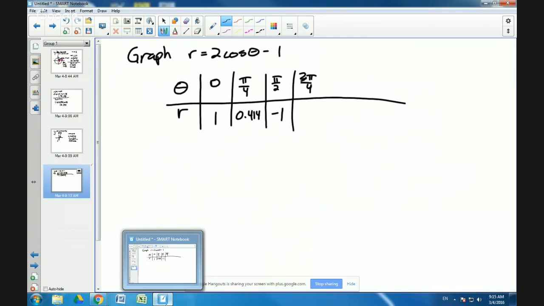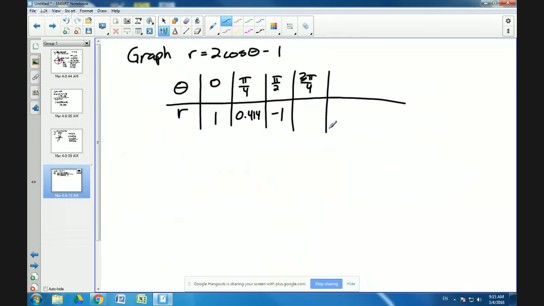You don't need to. This is usually about as minimal as you need to get. Okay, what's 3 pi over 4? Negative root 2 over 2, so negative root 2 minus 1, negative 2.414. It's really handy to know the decimal of root 2, 1.414 in this case.